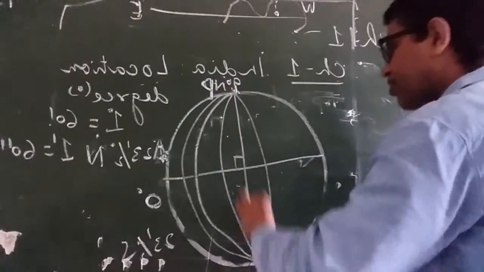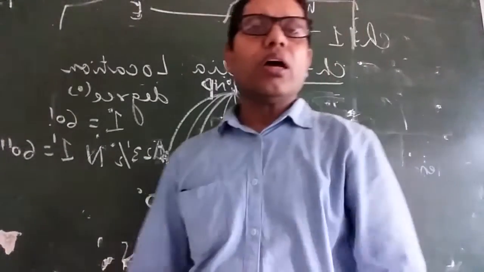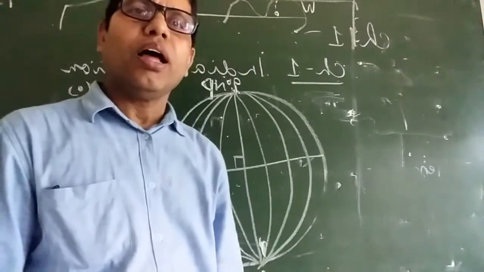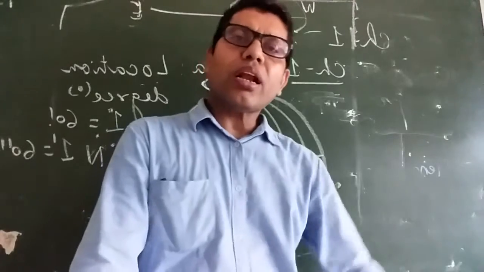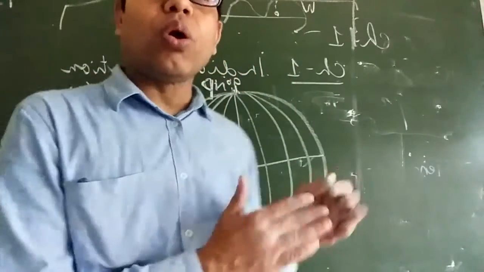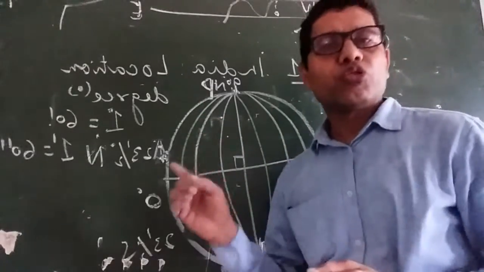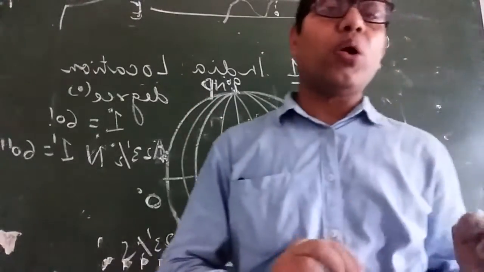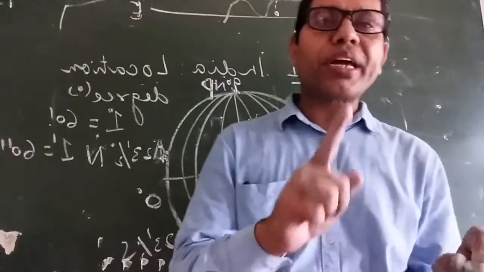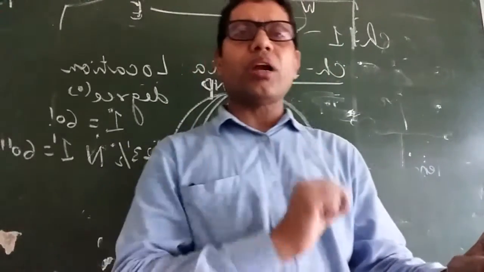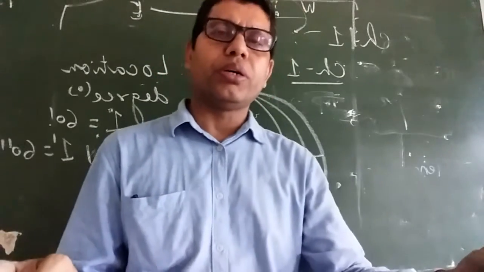These lines are semicircles forming a right angle at the equator, and these are lines of longitude. Now suppose this globe has 360 semicircles joining the North Pole and South Pole. Any one of them is to be taken as 0 degree longitude, the beginning of the counting line of longitude.